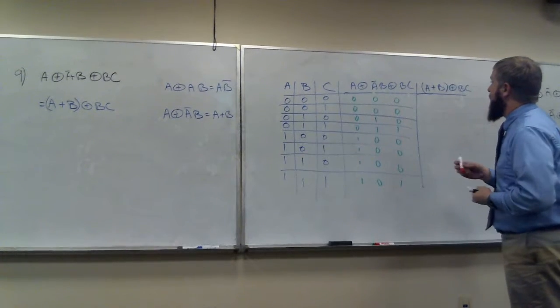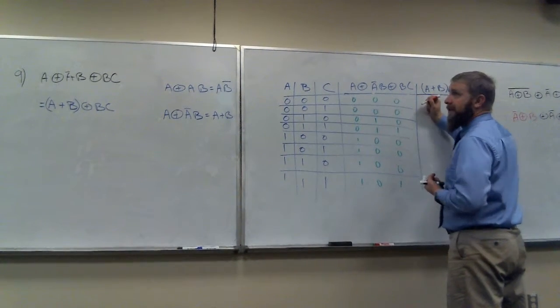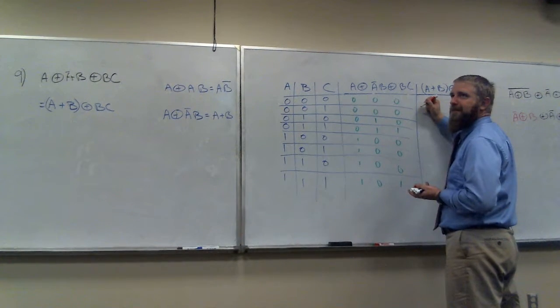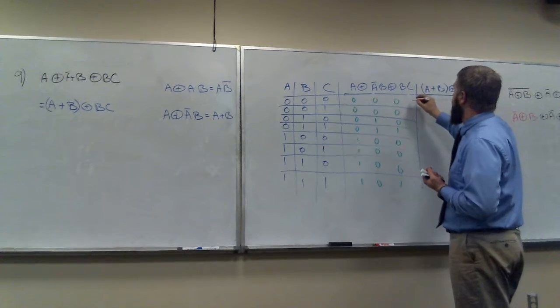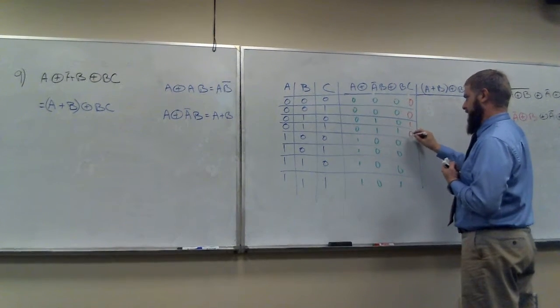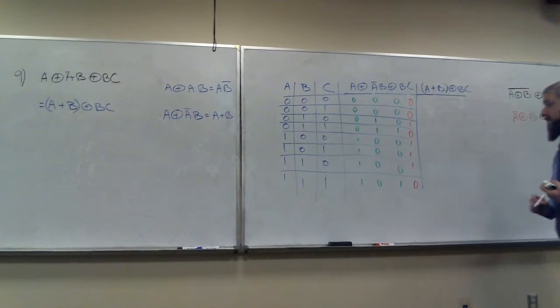Then you count how many ones you have. Zero ones is technically an even number. Oh yeah, 0 is even. False, true, false, false, true, true, true, true, false, true, false. That's that one.